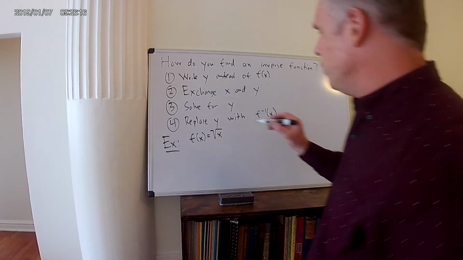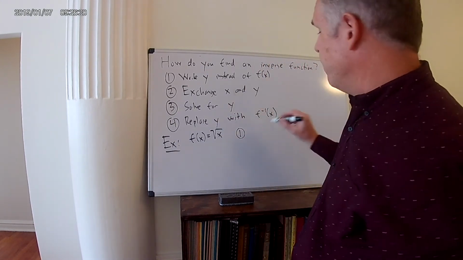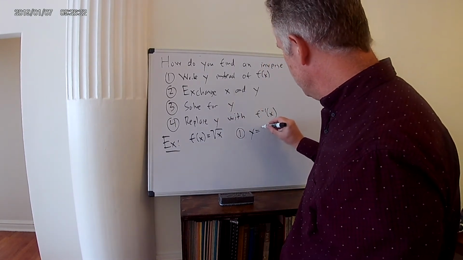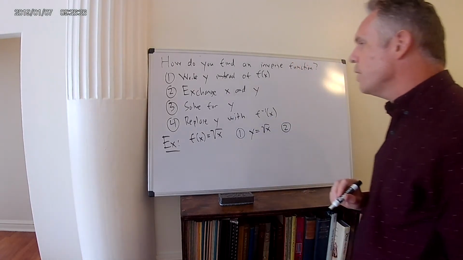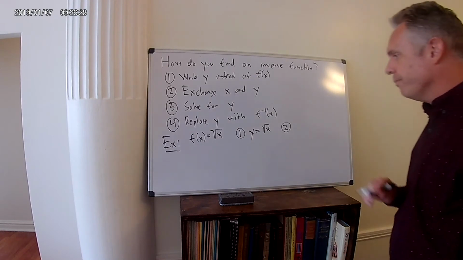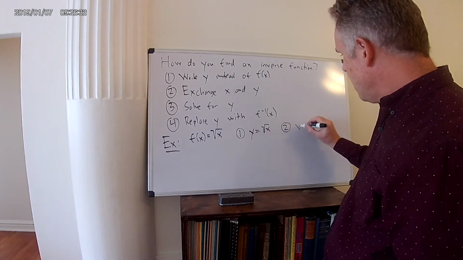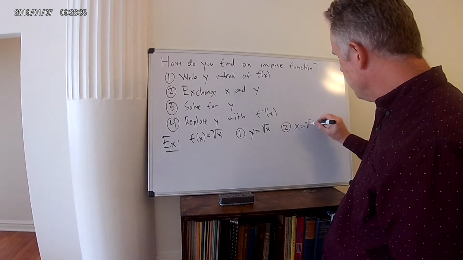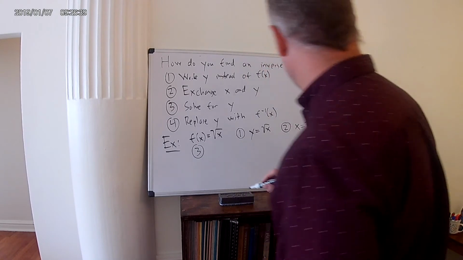Well, step 1 says I write y instead of f of x. So I write this as y equals square root of x. Step 2 says that I exchange x and y. So I flip these around: x equals square root of y. Step 3 says I solve for y.